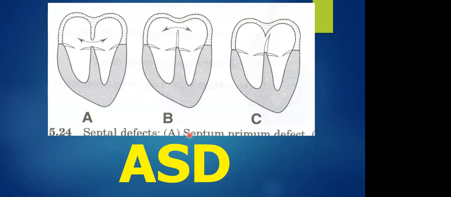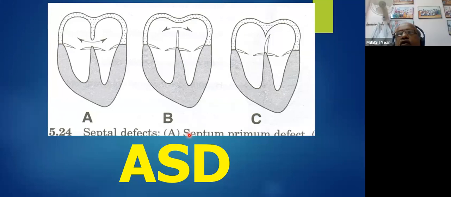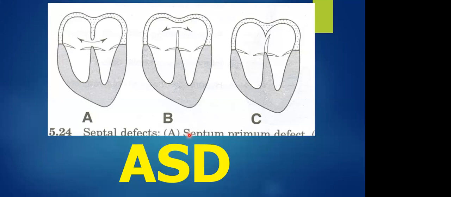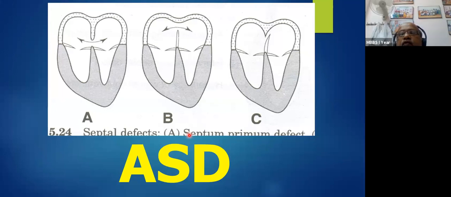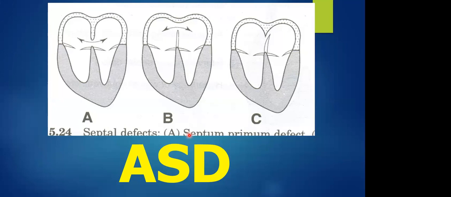What is C? Sir, patent foramen ovale is C. Very good. Yes, Shriya, C is patent foramen ovale. What about A and B? Sir, A is ostium primum defect.